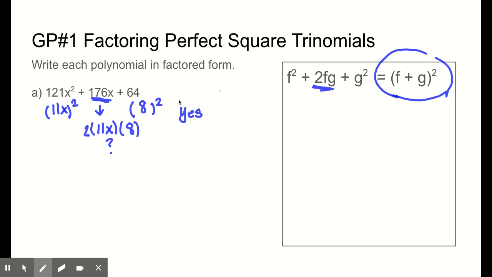Our f term is 11x, and this is addition. Our middle term is being added, therefore we use the addition symbol within our factored form. Our g term is 8. And our factored form is 11x plus 8 squared.